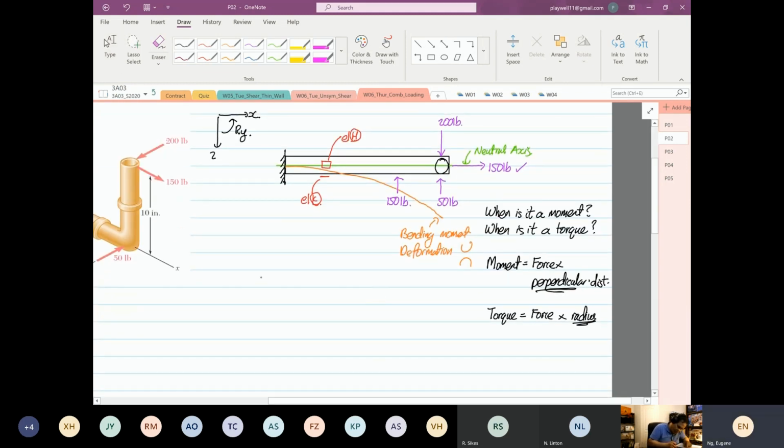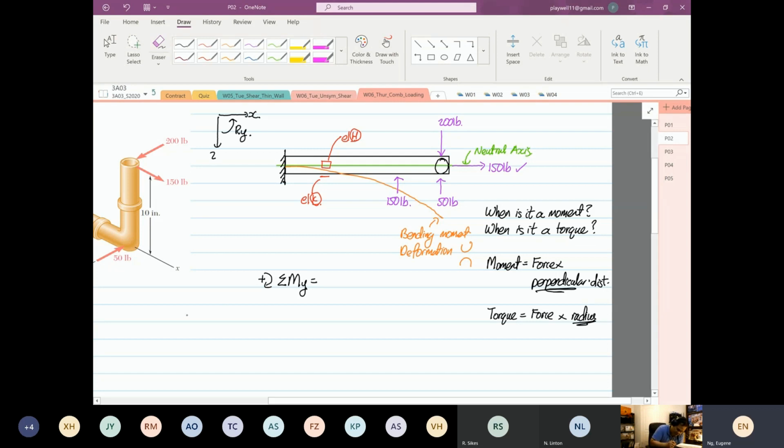So now I'm going to call clockwise positive. I'm not doing static analysis. So I mentioned moment about y. Again, I'm just calling anything that is clockwise positive. So this is not static analysis.